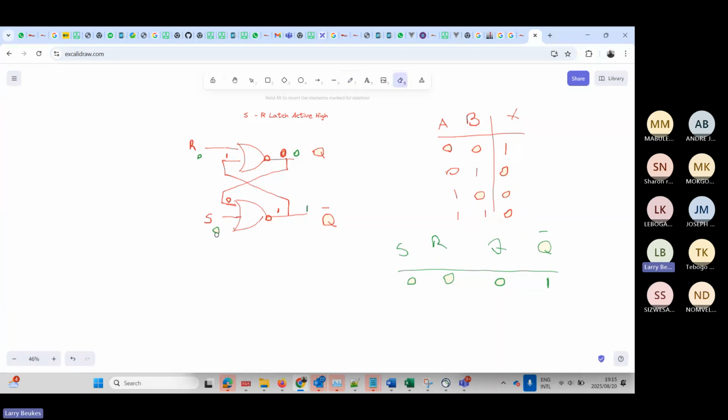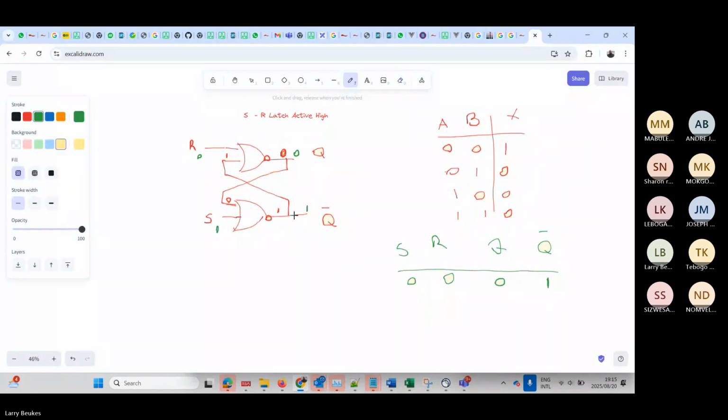Let's change our S to 1. Let me just change the colors and go to blue. If we change it to 1, we know that 0, here we're still gonna get the 0. 0 and a 1 gives us a 0.